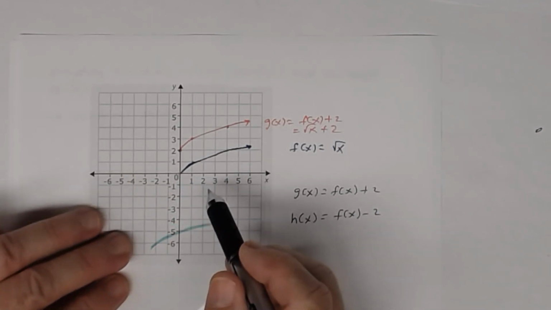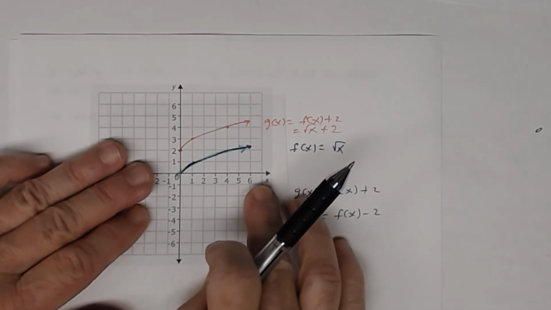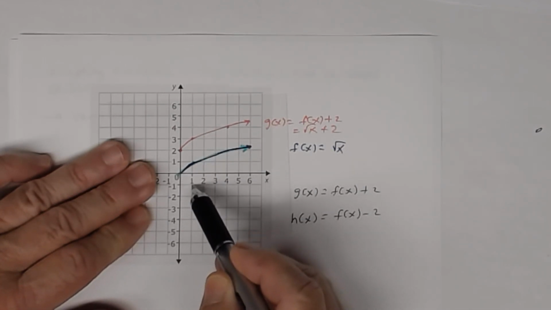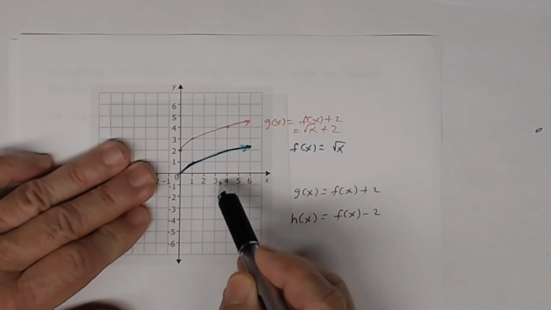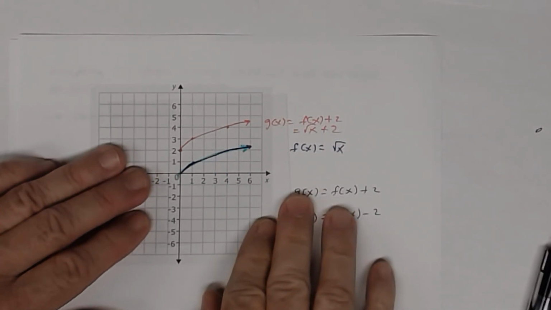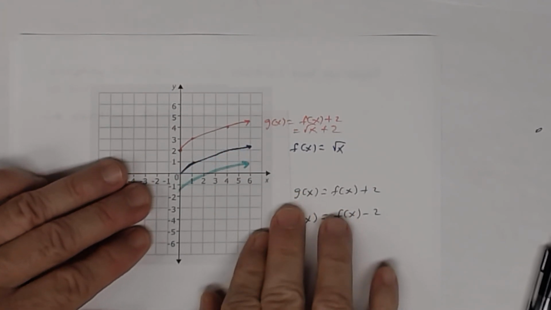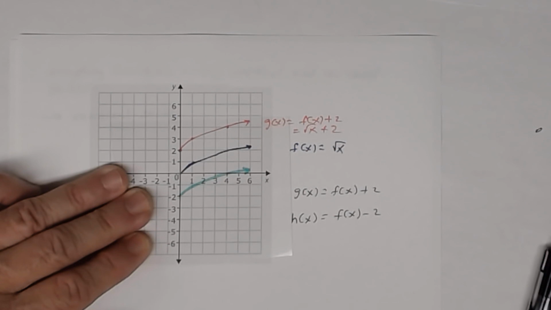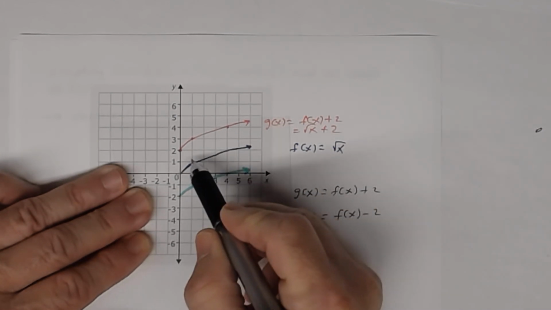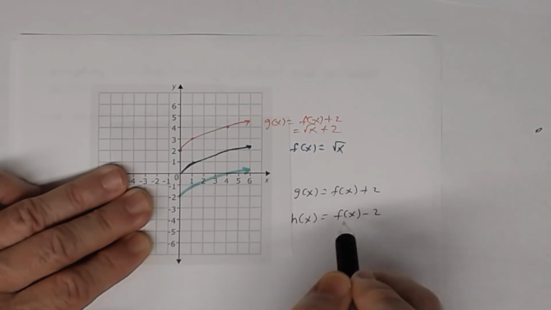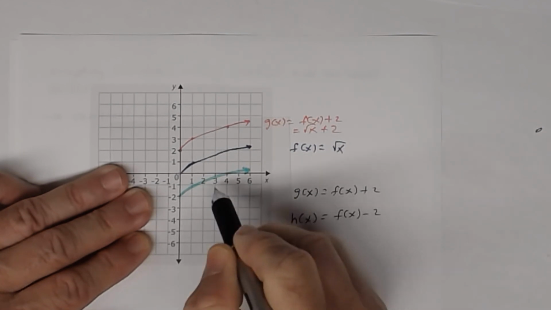So every point on that graph, you're going to shift down 2 units. When I do that, I'm going to get something that looks like this. Notice for f of x, to graph g of x, I move it up 2. To graph h of x, f of x minus 2, I move it down 2.